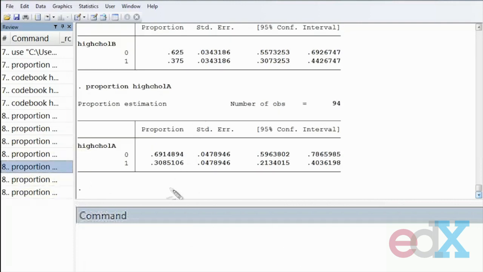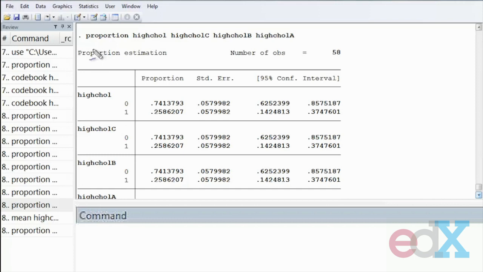And last, in scenario A, where we only use 94 observations, so this would be hypothetically only 94 people returned to retest their cholesterol, we get a very low estimate of 30.8%.